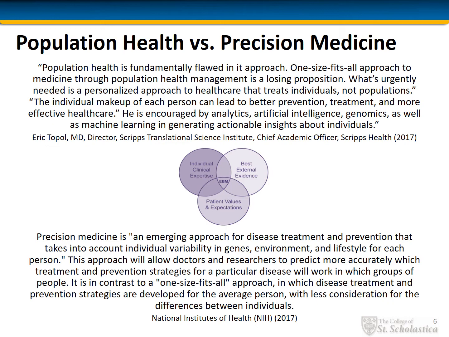Dr. Eric Topol of Scripps Translational Science Institute and Chief Academic Officer for Scripps Health in 2017 is quoted as saying, "Population health is fundamentally flawed in its approach. One-size-fits-all approach to medicine through population health management is a losing proposition. What's urgently needed is a personalized approach to health care that treats individuals, not populations."